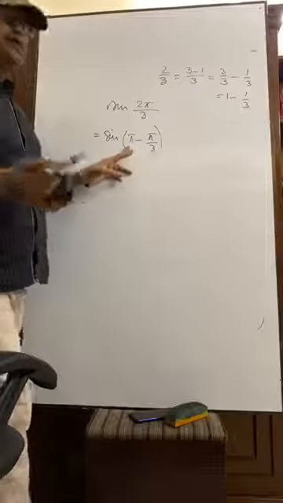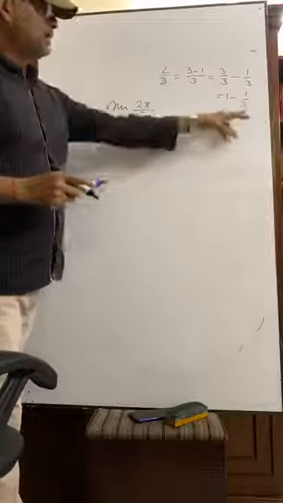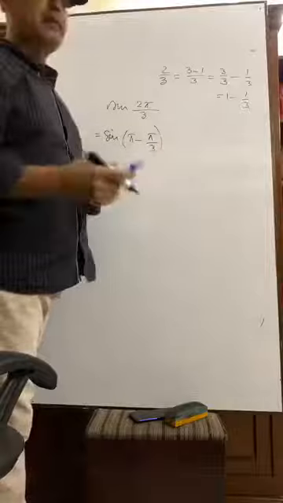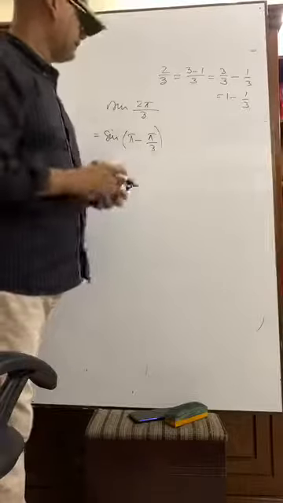In this way, 1 means 1 pi, 1 by 3 means multiplied by pi by 3.